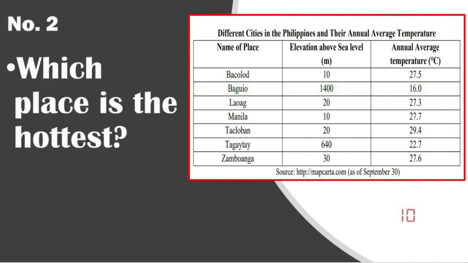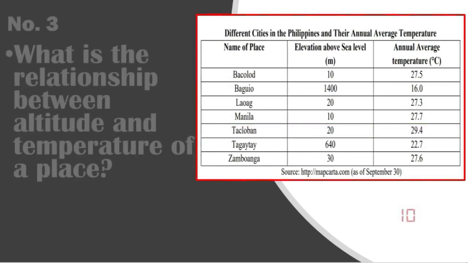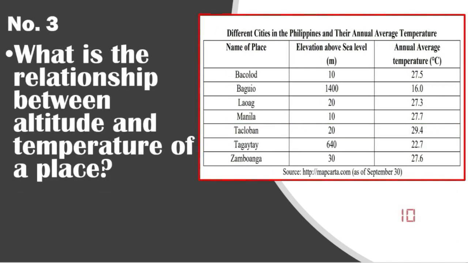Number 2. Which place is the hottest? The timer starts now. Time is up. The correct answer is Tacloban. And the last number, number 3, what is the relationship between altitude and temperature of a place?